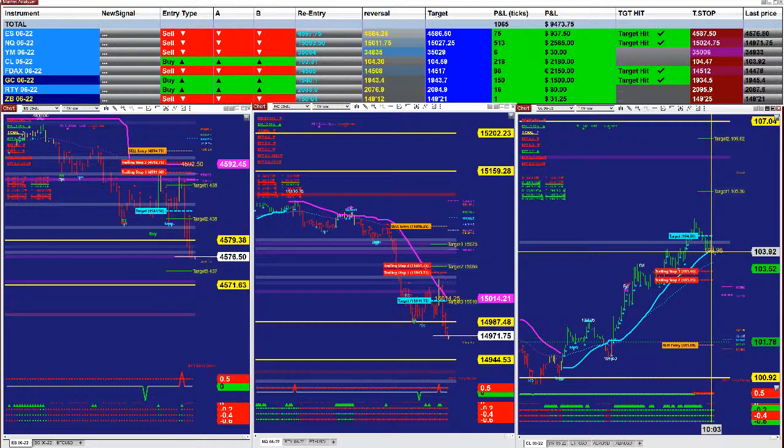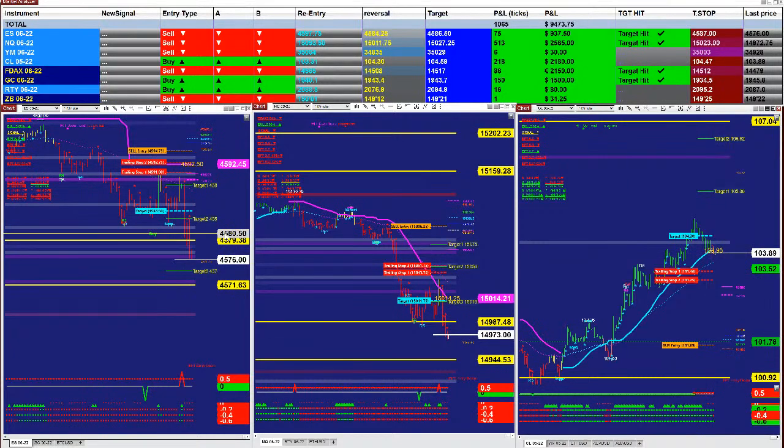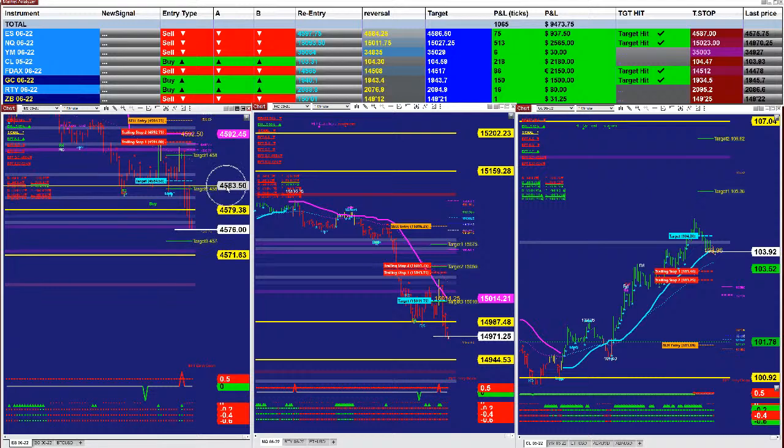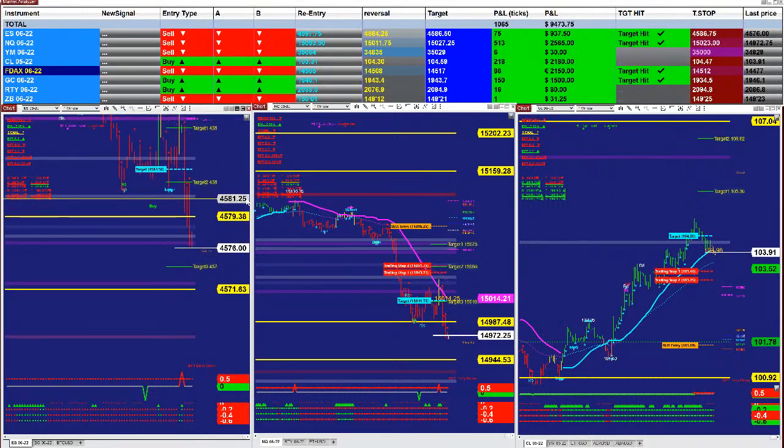Just give me 1 minute. I'm watching this market, because on the ES there is a heavy support area, and if the ES breaks that area here... I just want to keep my eye on this, and I want to keep my eye on the CL.